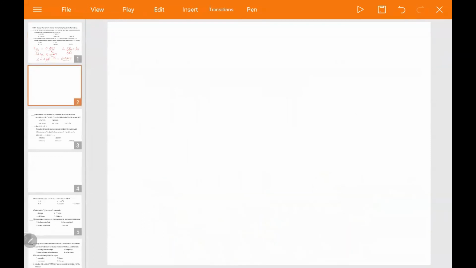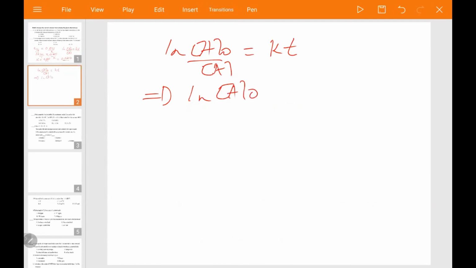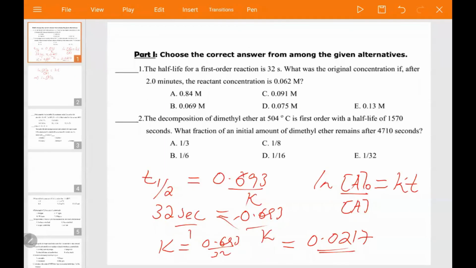So ln A naught over A is equal to KT. Here I am asked for A naught, and the concentration of A in this situation is 0.062.